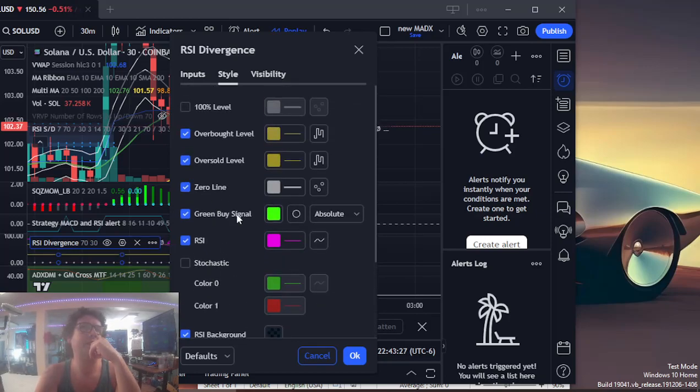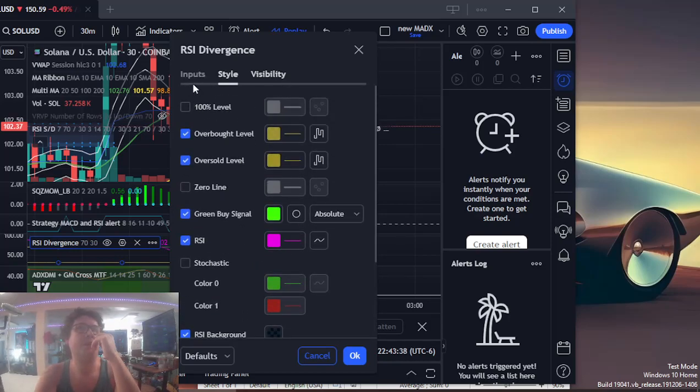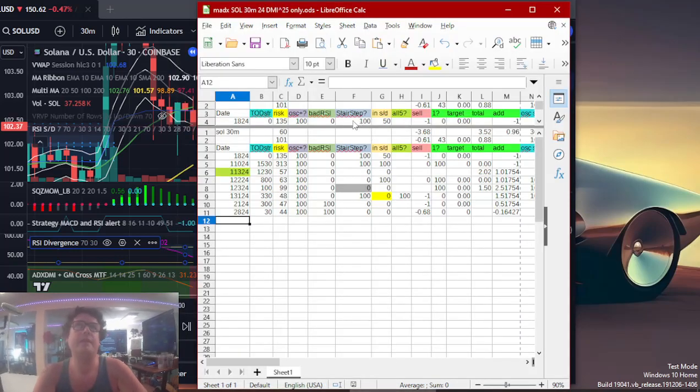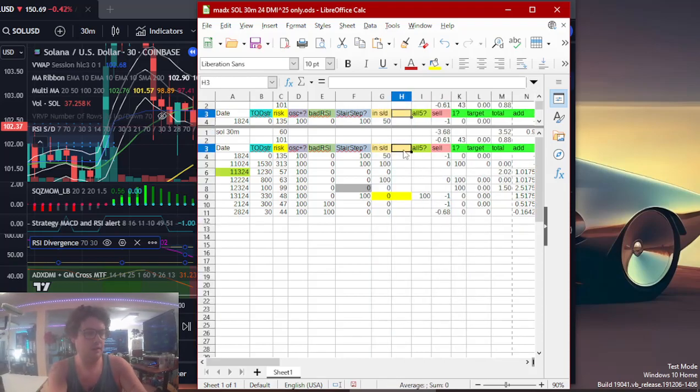Yeah, 0 line. Wait a second. No, that's the bottom. Well, we'll just have to measure it. So, let's call this positive RSI.